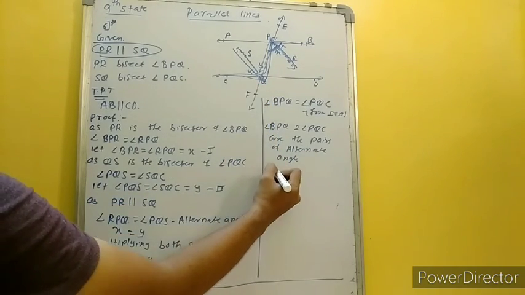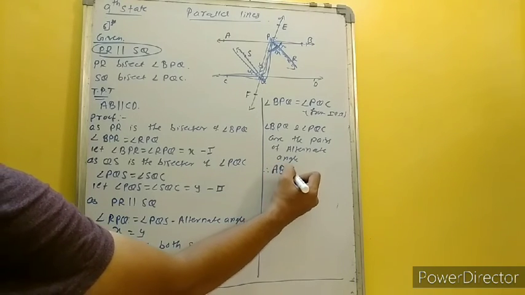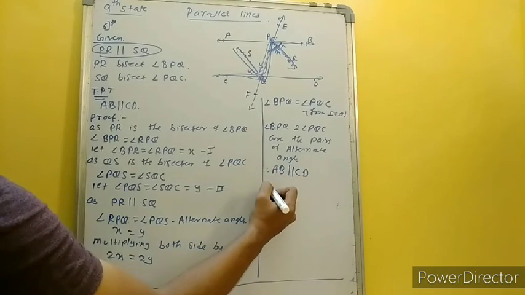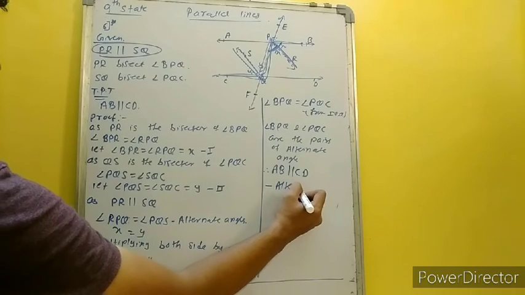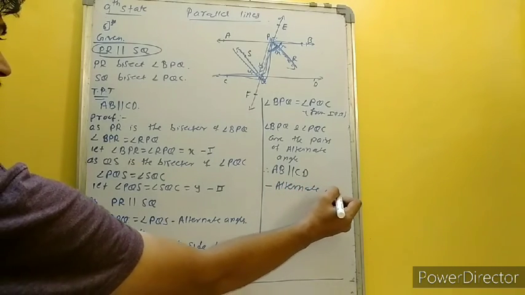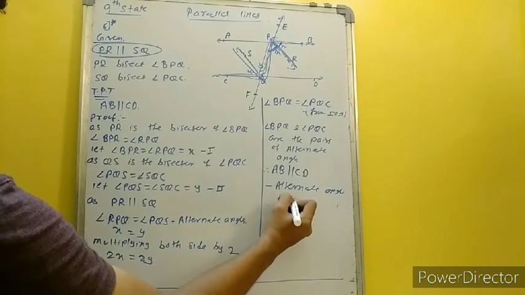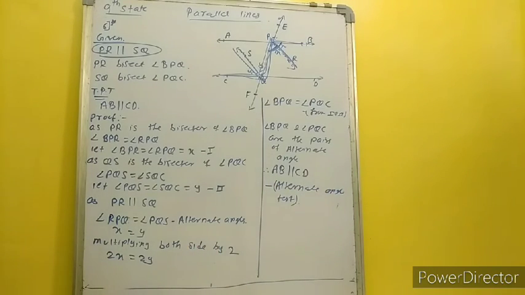Therefore, I can say that AB is parallel to CD, reason: alternate angle test. Okay, so we have proven that the lines are parallel.